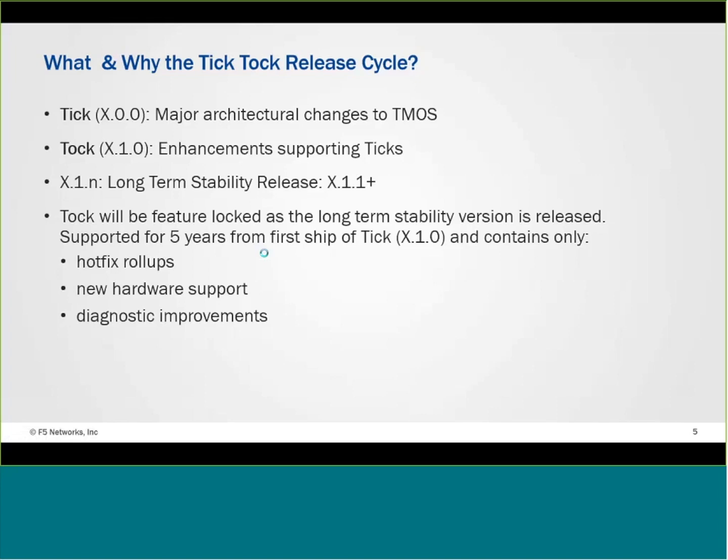So in this case, I can give an example of version 12, which was released recently. Version 12 actually is the starting point or the jump-off point for this new architecture. So we have 12.0.0. This will include major architectural changes, new features, and so on. Following that, we will then have the Tock, which would then, in this case, be 12.1.0.